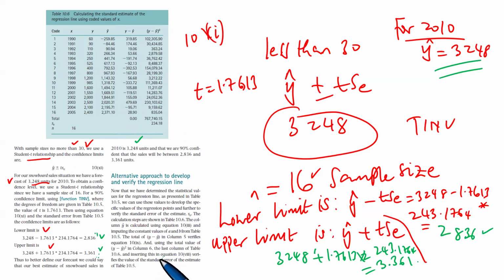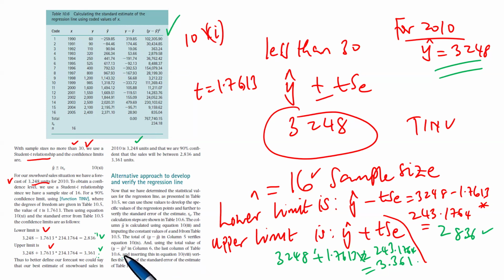And this becomes the alternative approach. As said here, the last column of table 10.6, inserted in equation 10, the 8th Roman figure, verifies the value of the standard error of the estimate of table 10.5.